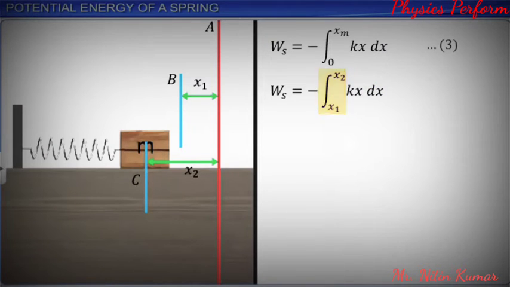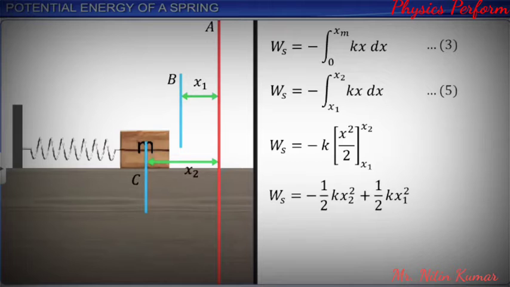Let this be equation 5. Then the work done by the spring force will be equal to half kx1 square minus half kx2 square. Let this be equation 6.